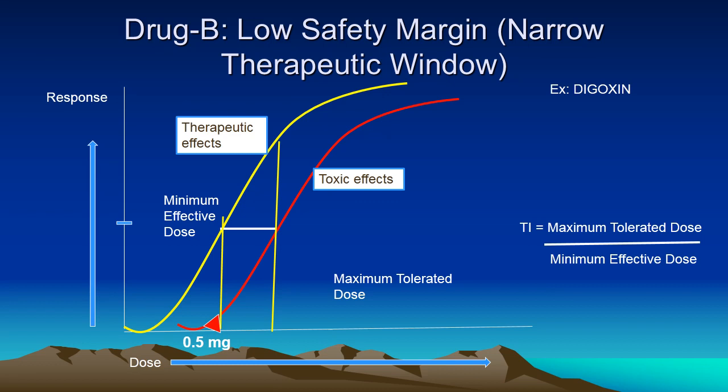An example of such a drug is digoxin, and therefore for drugs with narrow safety margin, dose enhancement or reduction should be done very carefully, and plasma level monitoring will be most helpful.